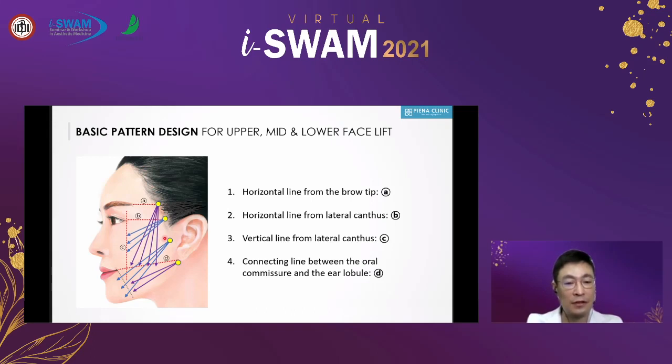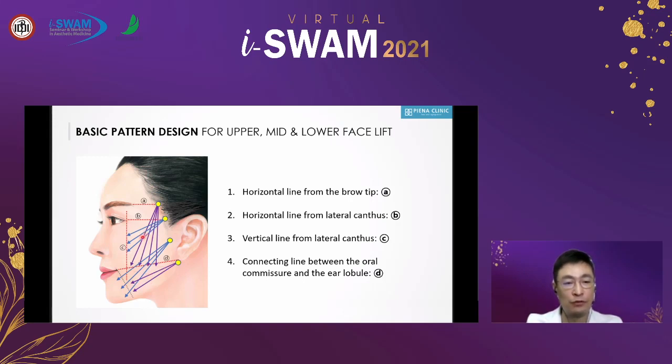Basically, it is not necessary to insert the threads beyond these lines C and D, because a sufficient lifting effect can be achieved even if the end of the thread is not located more medial or more lower than these two lines.